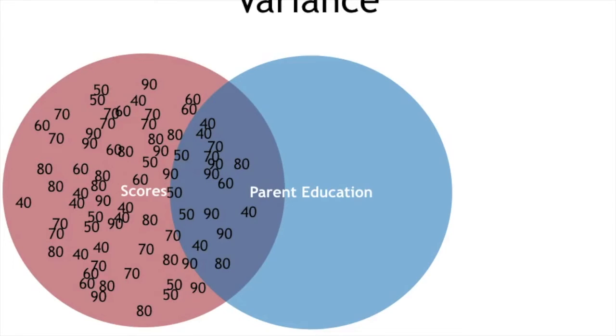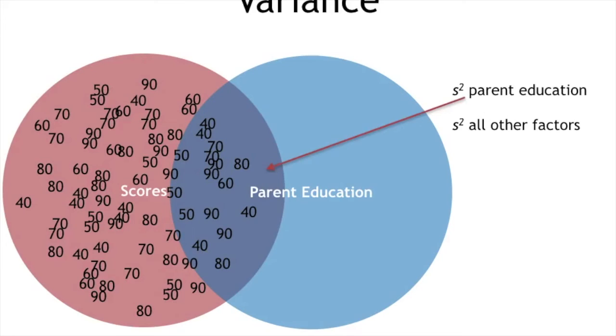So, I can separate the variance in all those scores in that pink circle into two different variances. I can portion it out. I have a variance in the scores that's related to parent education. And I have the variance in the scores from all the other factors.